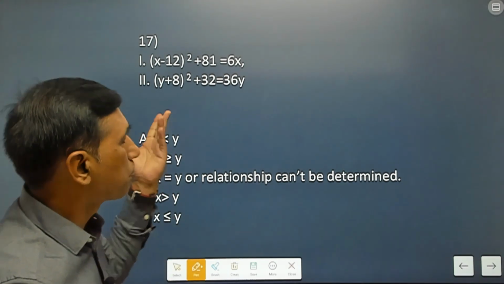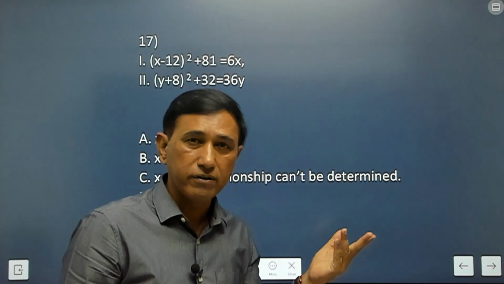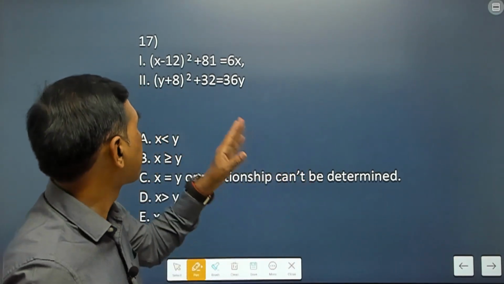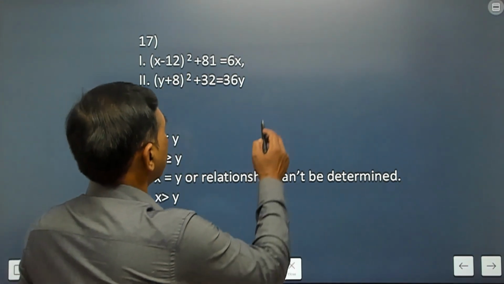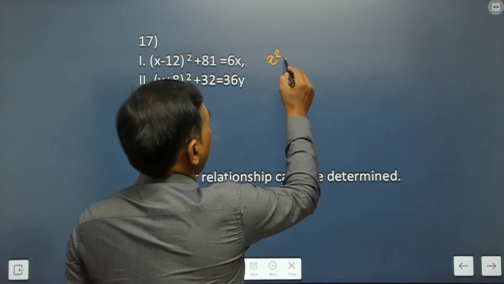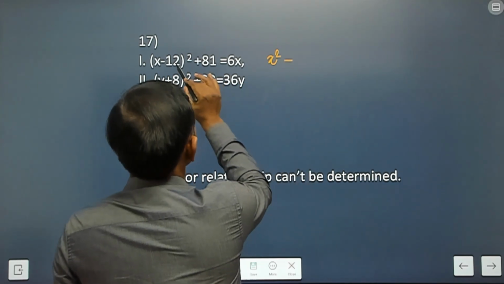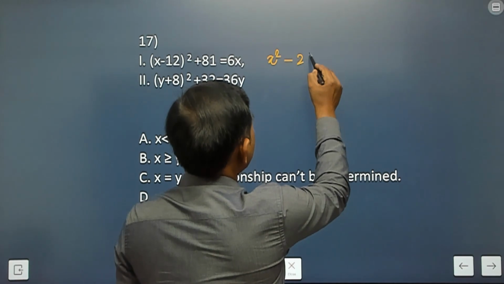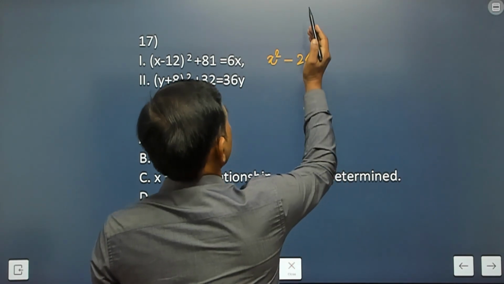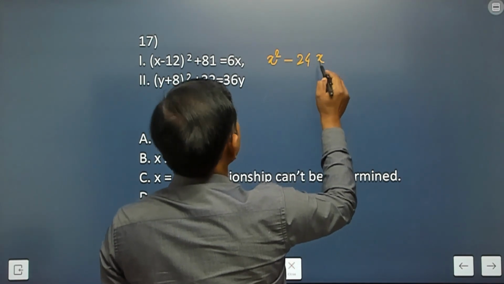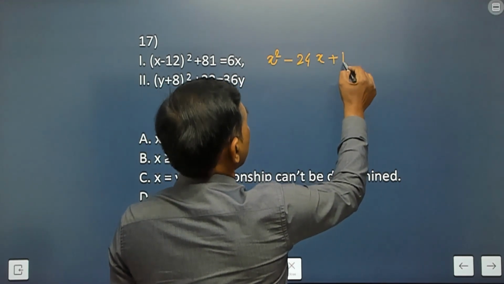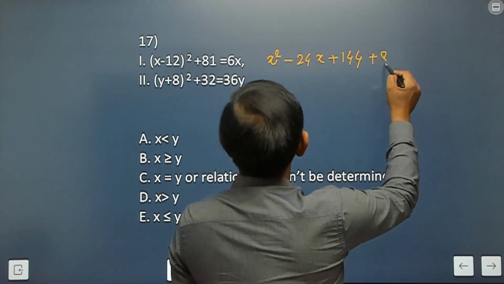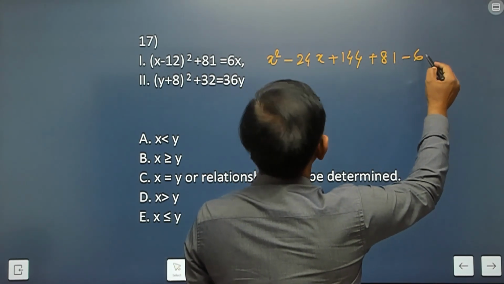These are a few new kind of questions which are appearing nowadays. So you have to do one extra step. X minus 12 square is equal to x square minus 2xy is 24x and then plus 12 square plus 81 minus 6x.